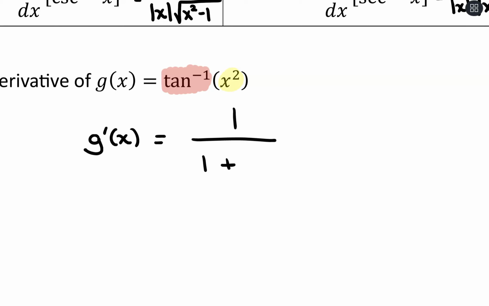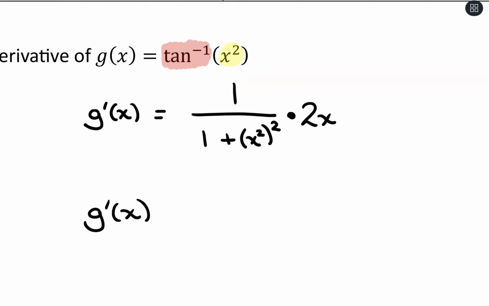So keeping the inside function x squared, and then whatever our input is, we square that because of our inverse tangent. So the derivative of inverse tangent is 1 over 1 plus x squared. That first x squared is coming from the inside there, and then we have another square. And then I need to multiply by the derivative of x squared, which is 2x.